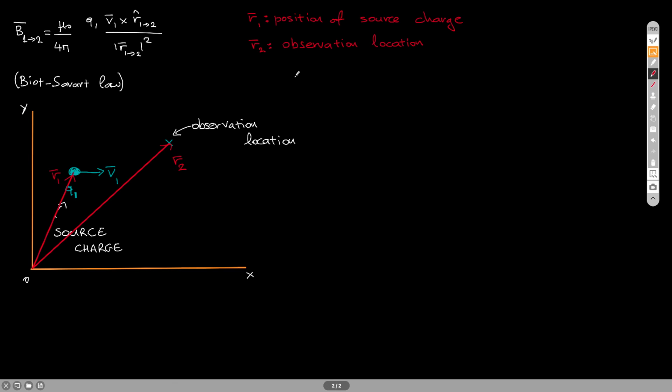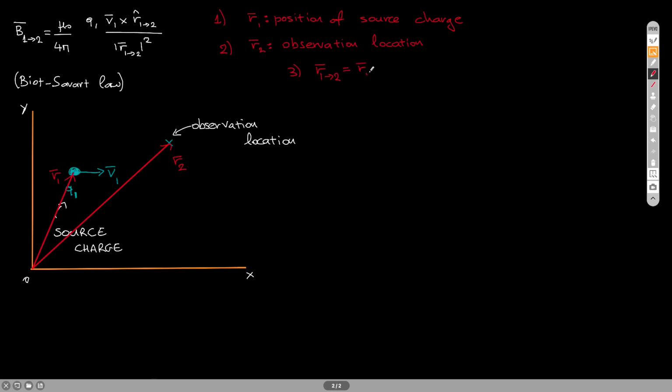Now, once you have those two vectors, and I need to assume that you have them, you have the x, y, z coordinates of R1 and R2. The next step that you will do, so let's say this is step 1 in your calculations. This is step 2 in your calculations. Step 3 will be to find the relative position vector of the observation location with respect to the source.